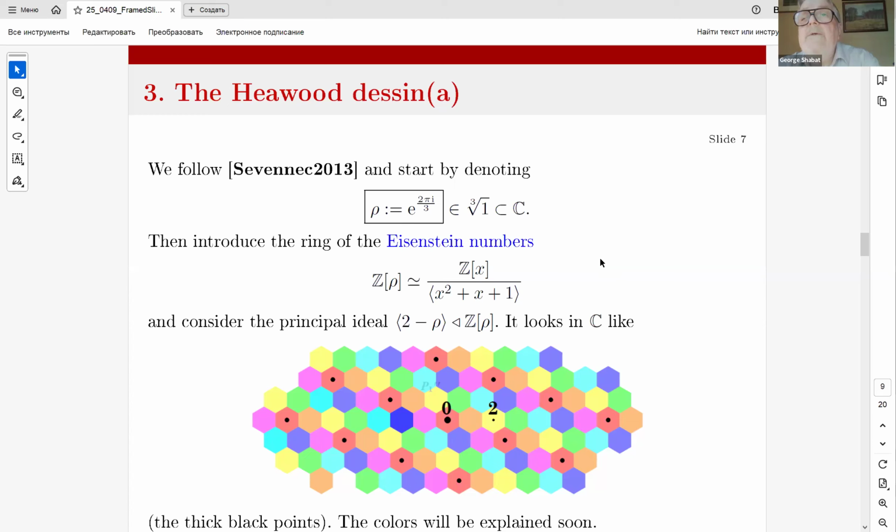They use zeta, omega, and I suggest rho, not to have wrong connotations. Now we introduce the very well-known ring of Eisenstein numbers.